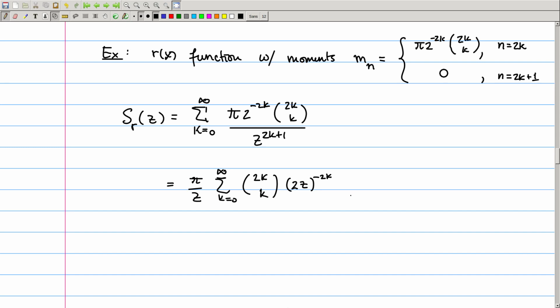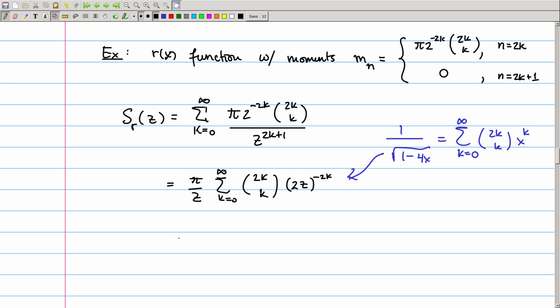Now if you stare at this for a long while, you'll see that this is going to involve the Taylor series of 1 over the square root of 1 minus 4x. In particular, I recall that 1 over the square root of 1 minus 4x is equal to the sum from k equals 0 to infinity of 2k choose k times x to the k.